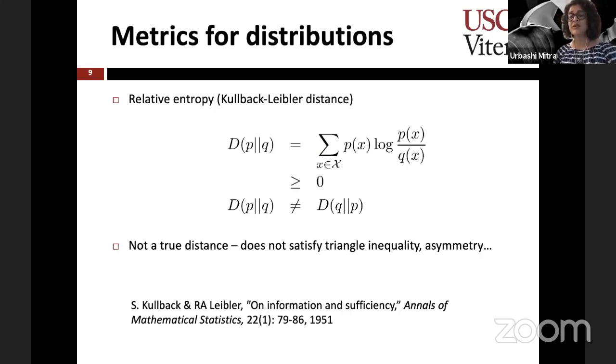And so we can compute a distance between 2 probability distributions. Now, this is not a real distance, which provides us both with opportunities as well as challenges because it doesn't satisfy a triangle inequality. It's not symmetric. So the distance between P and Q is not the same as the distance between Q and P, but it is something that we're going to come back to.